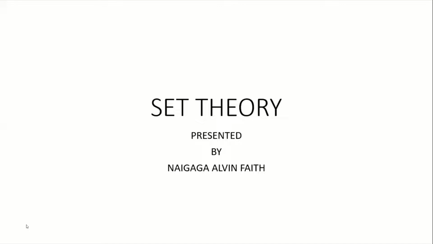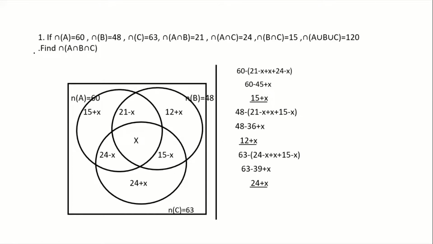Okay, as our number one went, if the number of elements in set A is equal to 60, the number of elements in set B is equal to 48, the number of elements in set C is equal to 63, the number of elements in A intersection B is equal to 21, the number of elements in A intersection C is equal to 24, and the number of elements in set B intersection C is equal to 15.